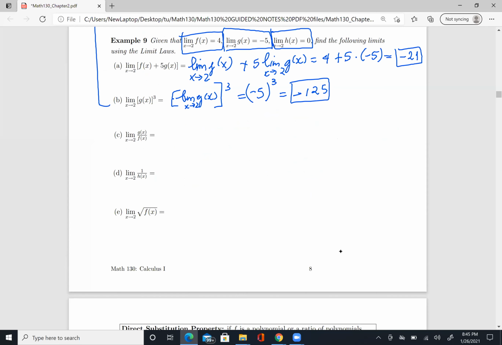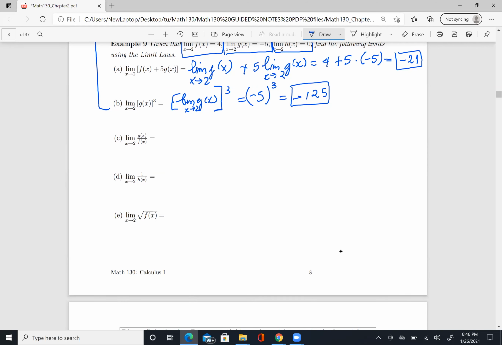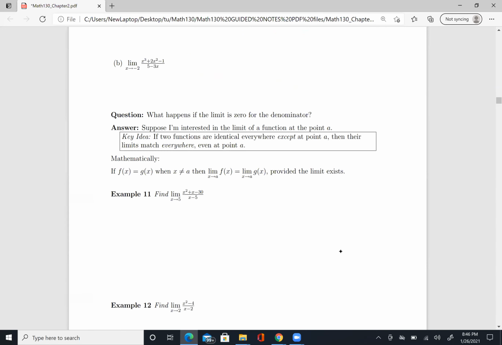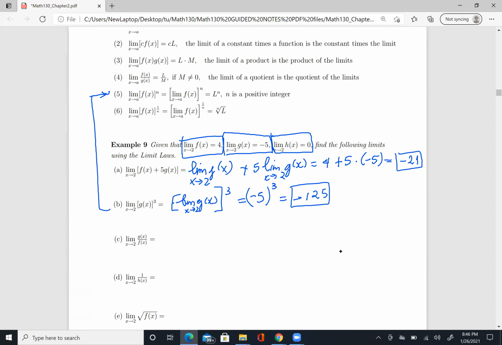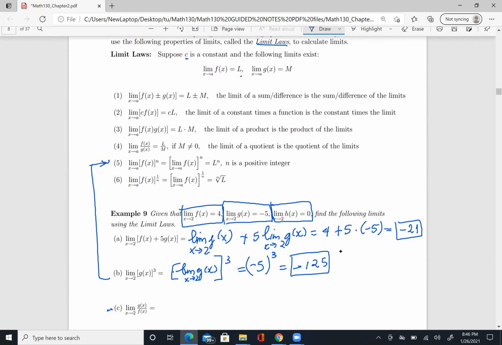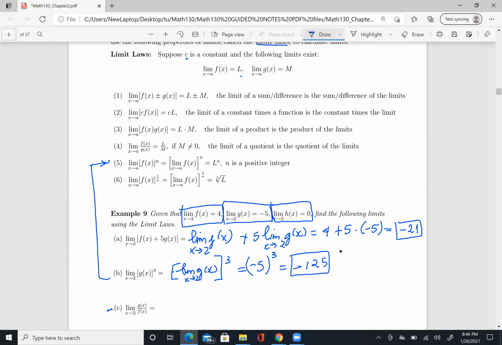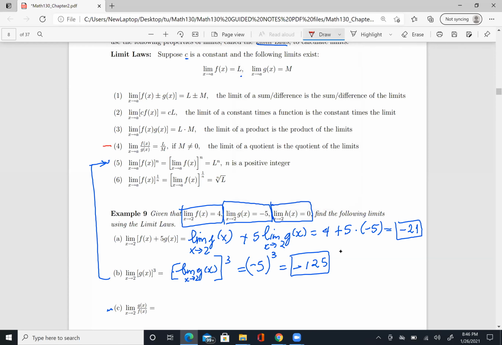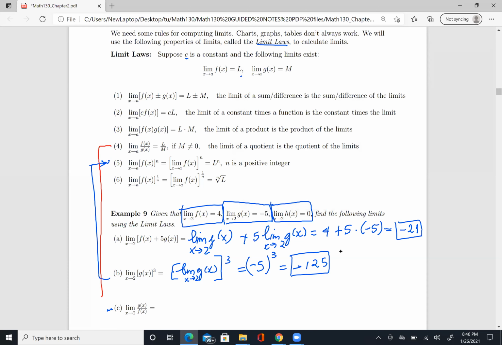Let's move up. Okay, so C, I have a quotient. So for this problem I will need to use law number 4.